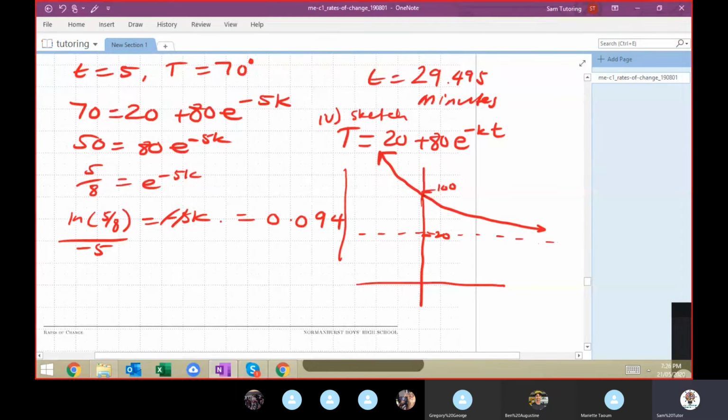If you think of it in terms of boiling temperature, they started off at 100 and then slowly start to get to our asymptote, which is our room temperature of 20 degrees. As time approaches infinity, your temperature becomes 20 degrees. So it does make sense.